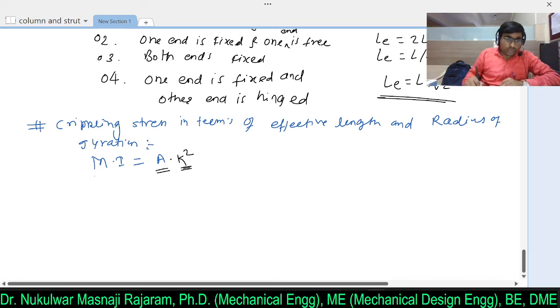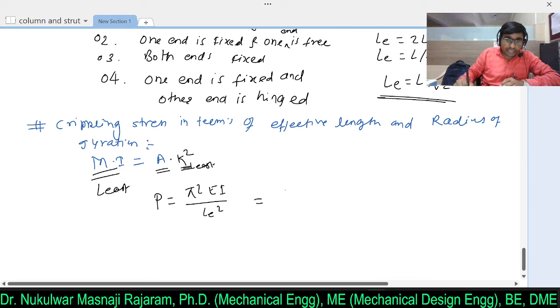Now here what we learn is that the moment of inertia must be least. So for that purpose we must consider the least value of radius of gyration of the column. So if I consider the crippling load formula, that is pi square EI divided by Le square. Clear?